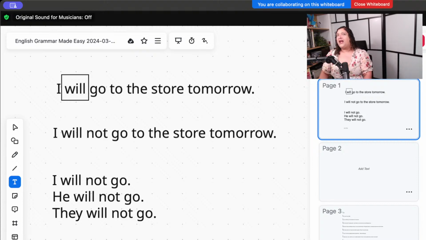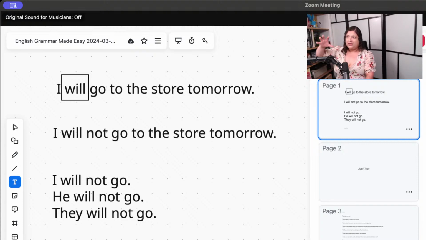So the question was, what's the difference between the future tense and the future perfect? In English, we have our simple tenses, which are just present, past, and future. Then we have our progressive, the ing forms of the verb: present progressive, past progressive, and future progressive.